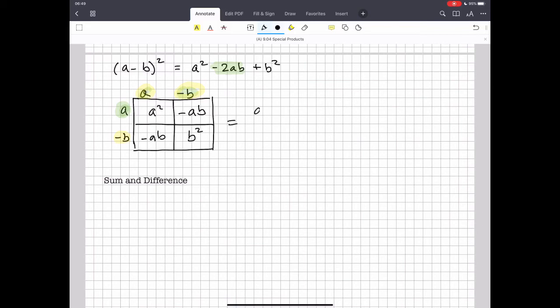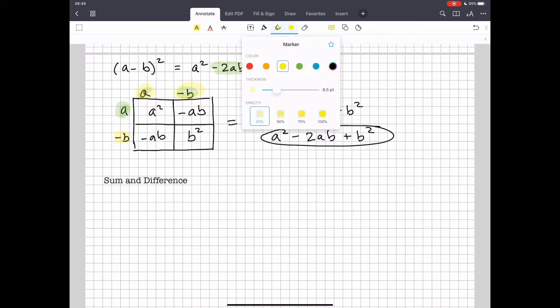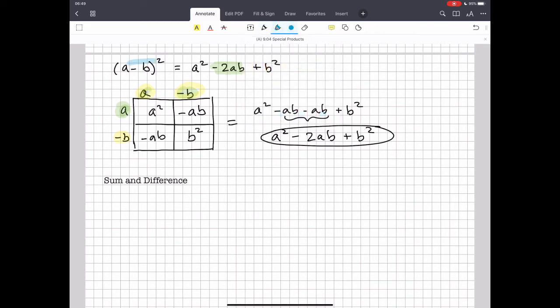So we can see here, when I write this all out, I can combine these two terms here to get a squared minus 2ab plus b squared. So our goal is whenever we see this, we go straight to that. And we can skip all of this work inside. That's what allows us to be more efficient.